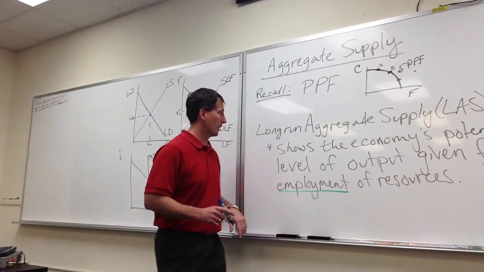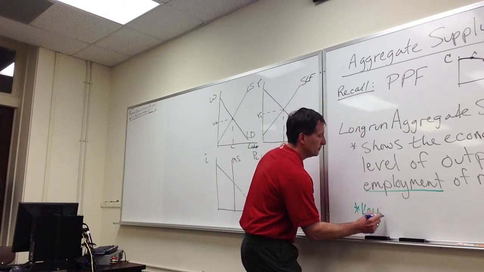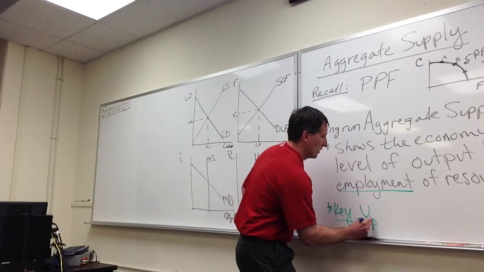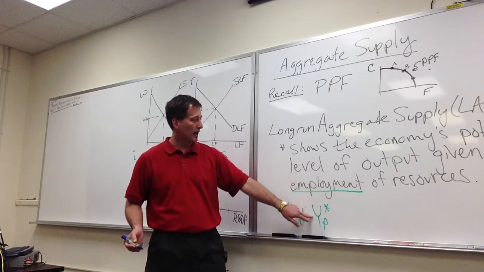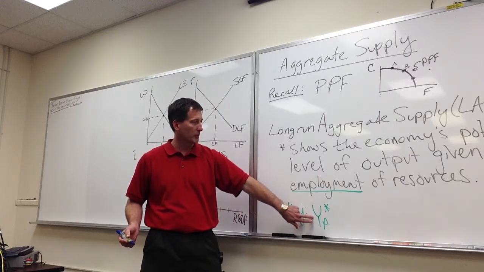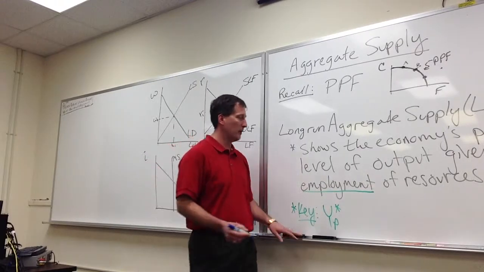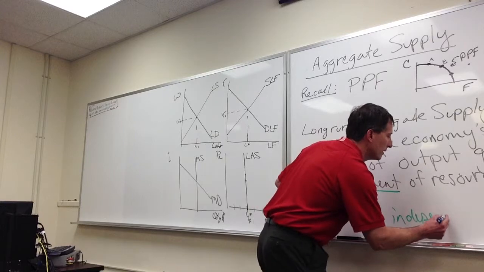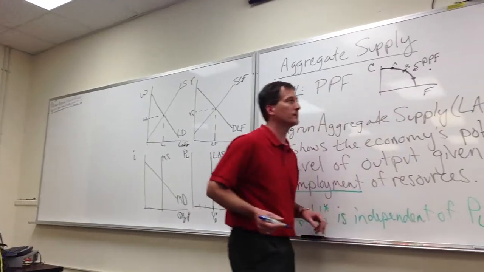Full employment. One of the key points is that this potential level of output that I identified on the graph is Y subscript P superscript star. The potential level of output is independent of the price level.